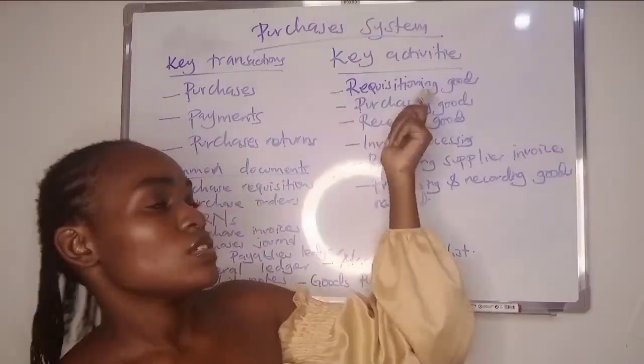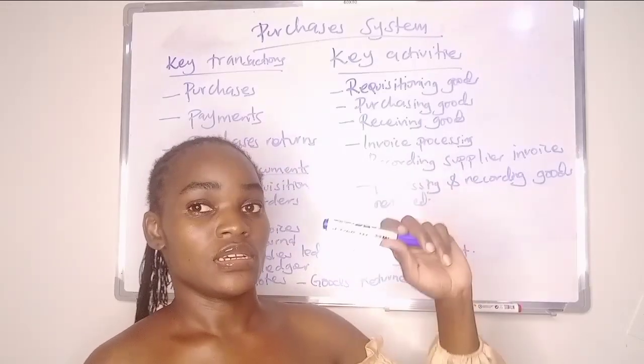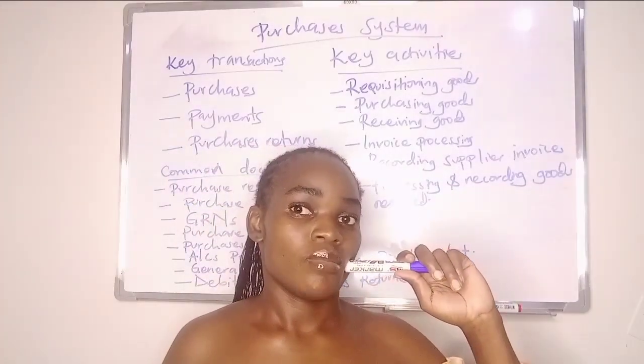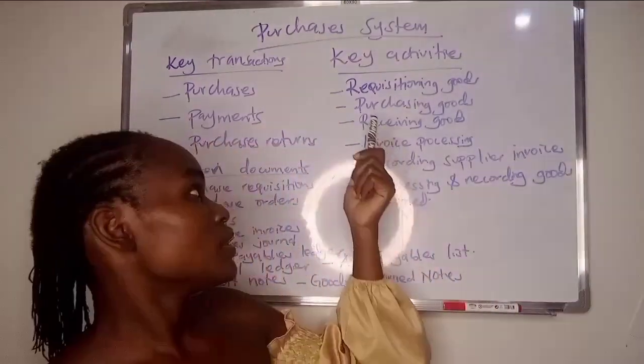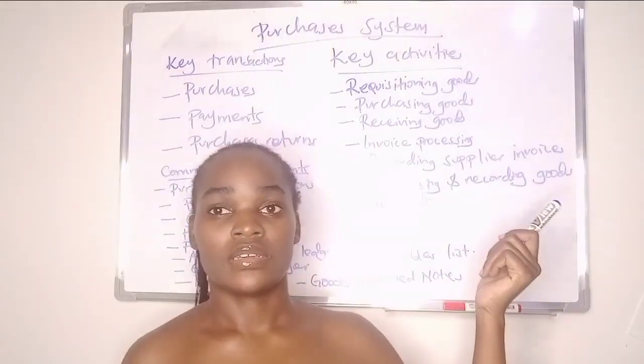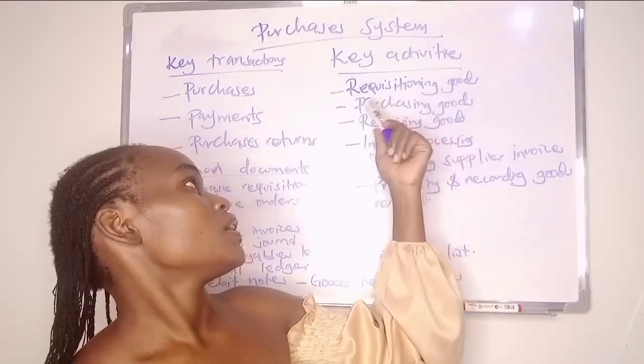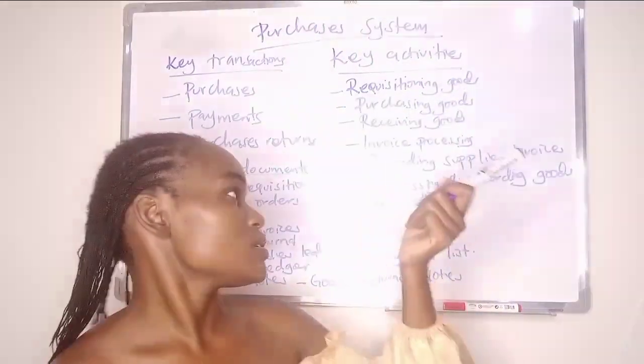So we have requisitioning goods. It's like requesting by the person or by the department that wants to use those goods. Then purchasing the goods. After requisitioning, the goods will be purchased.